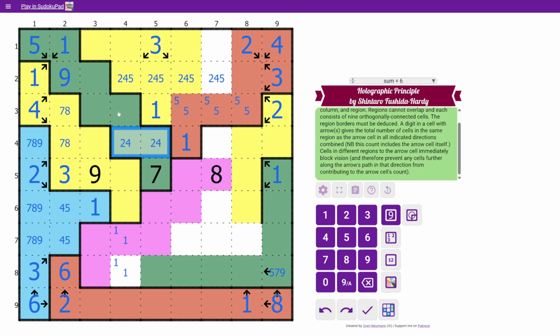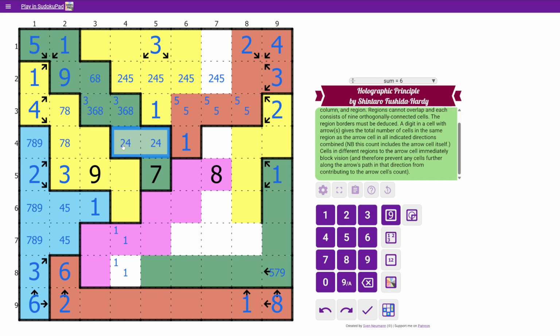We have a 3, 3, 6, 8 left. So this one will be 6, 8. This will be 3, 6, 8. That's how that will look.